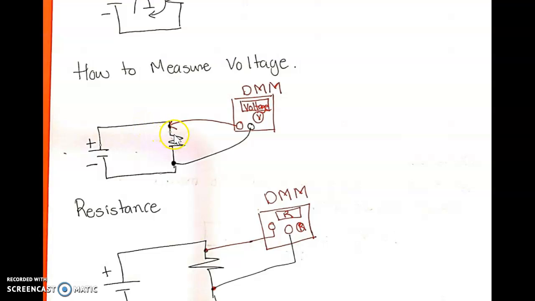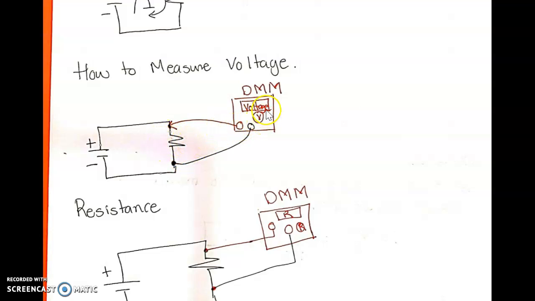Right here we can only measure voltage across an electronic component because we want to measure how much voltage is consumed by that component. So it has to be a component. It cannot be just a wire. So right here we're going to measure the voltage across, or the voltage drop across, this resistor.